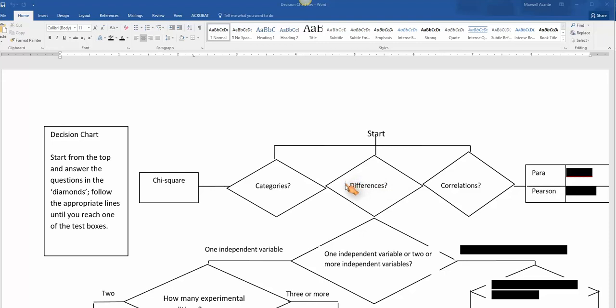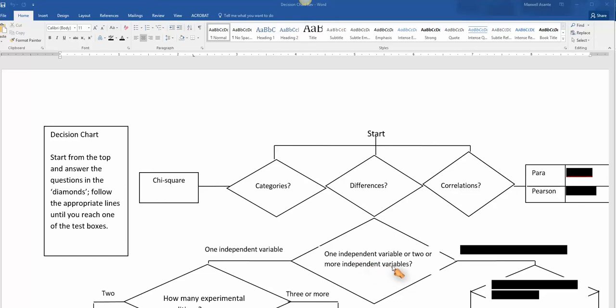Now, if you are considering differences, the next question that you have to ask yourself is this box here. Are you considering differences when you have one independent variable or two or more independent variables? The answer to that question will determine the eventual statistical test that you will need to use.